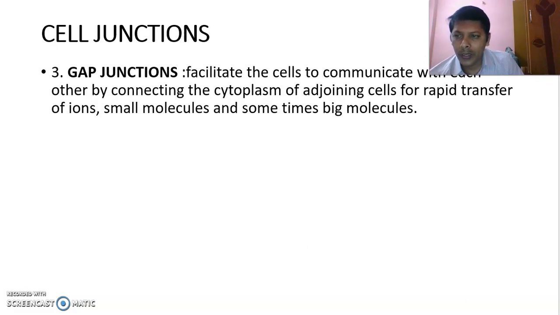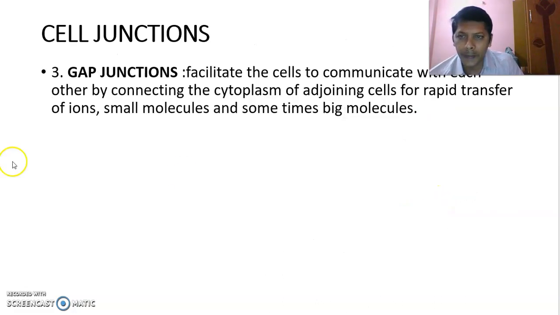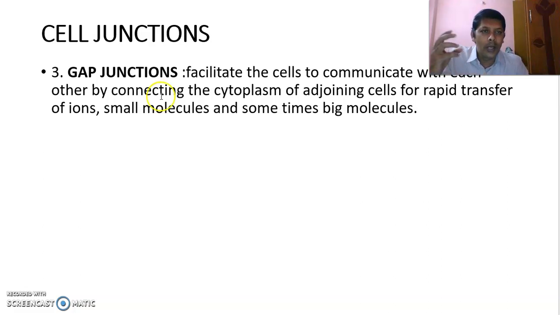The next one, gap junction. Here you can see tight junction, desmosome, and interdigitations. We will discuss it later. Next, come to the third one, gap junctions. Gap junctions facilitate the cells to communicate with each other, like we communicate from one cell phone to another.